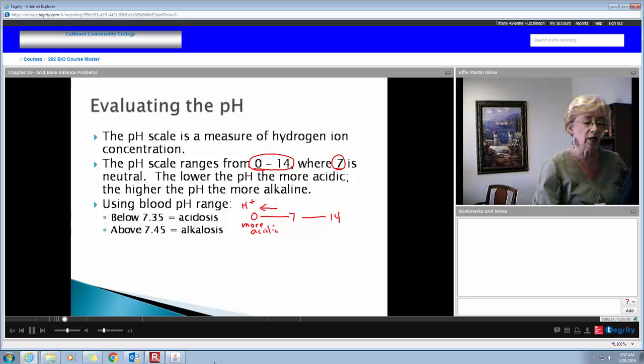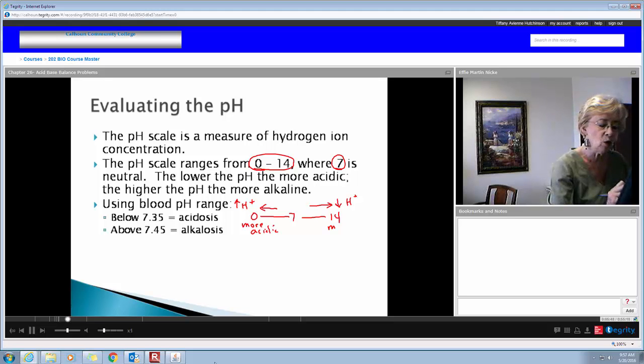In this case, you're talking about blood. Up here, I'm going to put fewer hydrogen ions are released. Sometimes people discuss this as there are more OH or hydroxyl ions released, but don't let that bother you. This is where it is on the more alkaline range, or basic.